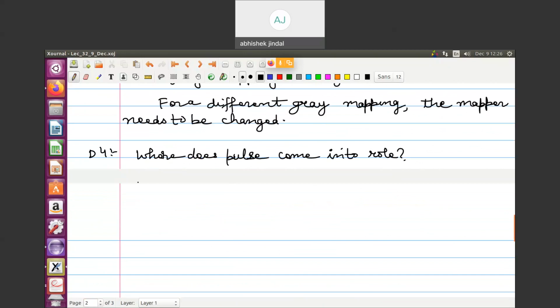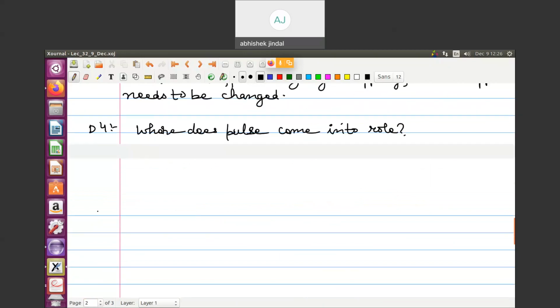So here we have not yet talked about the pulse. Let me respond to it. The answer is we have used rectangular pulses up to now.